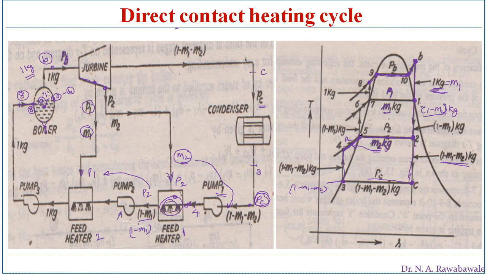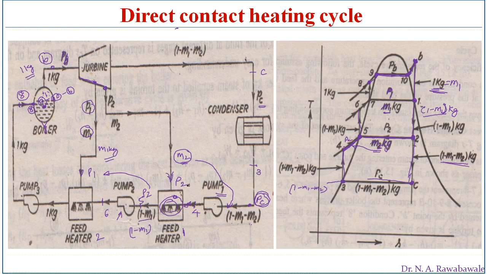So from point 5 to 6, the pressure of the condensate is increased from pressure P2 to P1, and again the steam of mass m1 kg which is coming out is going to mix with 1 minus m1 kg of condensate.